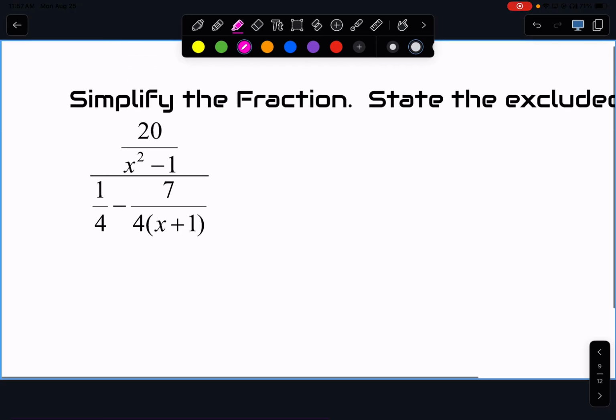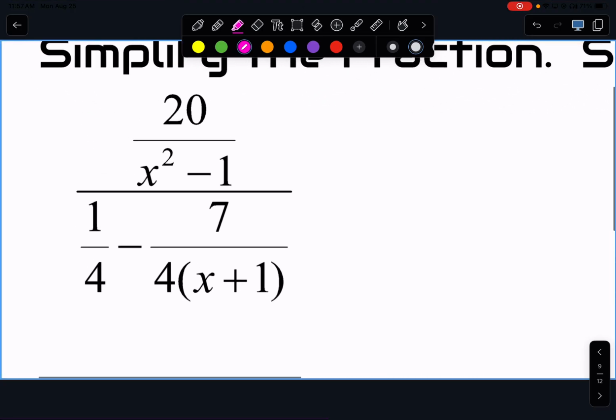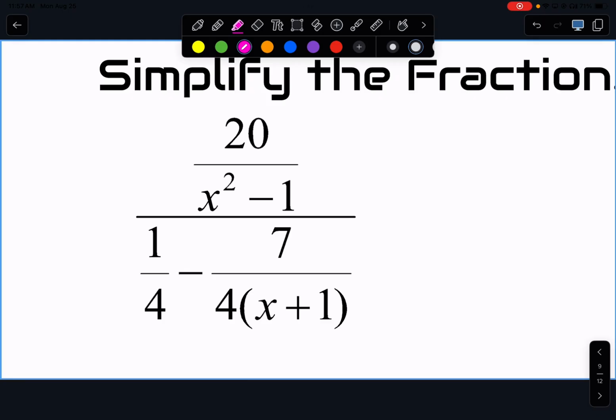The next one we're going to do looks like this. And what you're going to notice is on the bottom, we have two fractions that we're subtracting, right? This one and this one.